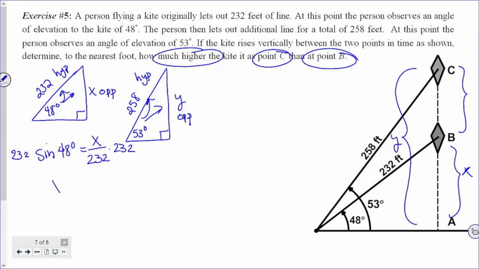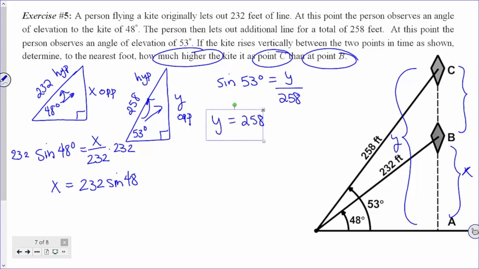And I'll find that x is equal to 232 times the sine of 48. Likewise over here, I would say that the sine of 53 degrees is equal to y divided by 258. Y then will be 258 times the sine of 53 degrees.